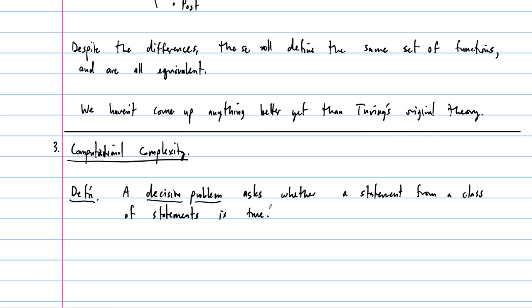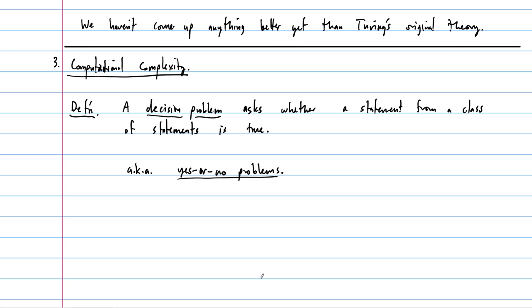Basically you can reduce this down to just the answer is either true or false, or yes or no. So decision problems are also known as yes or no problems in some areas. A very particular kind of yes or no problem is called a halting problem.